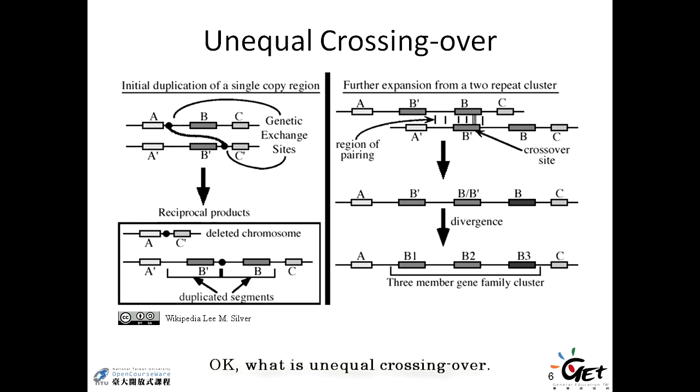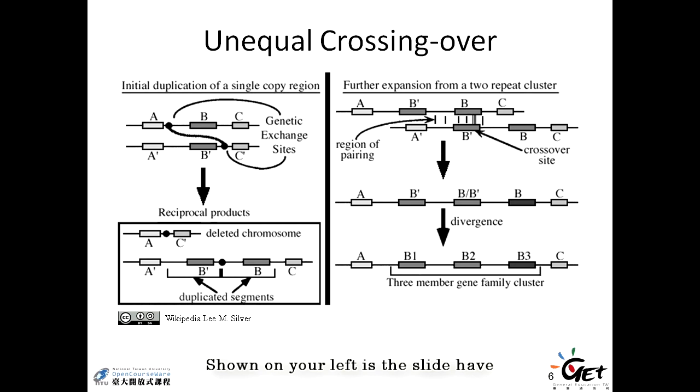Okay, what is unequal crossing over? Some of you took genetics before, probably already heard about it. So an unequal crossing over is illustrated in this slide. This slide showing the duplication event occurred between two homologous chromosomes.